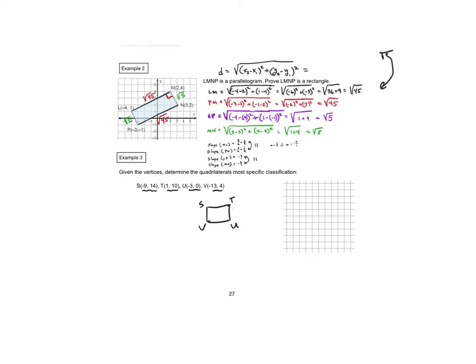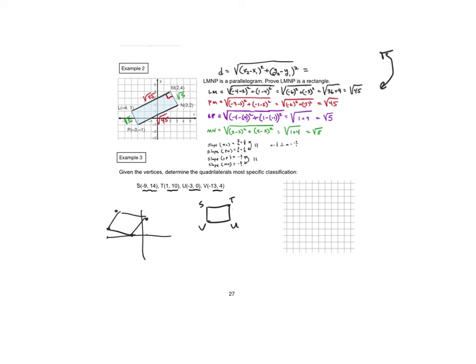I know that S is on the big coordinate plane. S is -1, 4, which is going to be up here. T is 1, 10, which is going to be about there. U would be -3, 0. And then V would be -13 and 4. So, some shape like this in general.